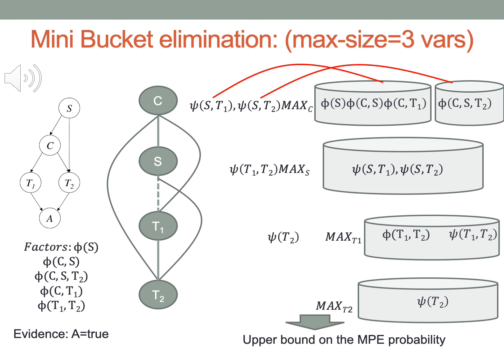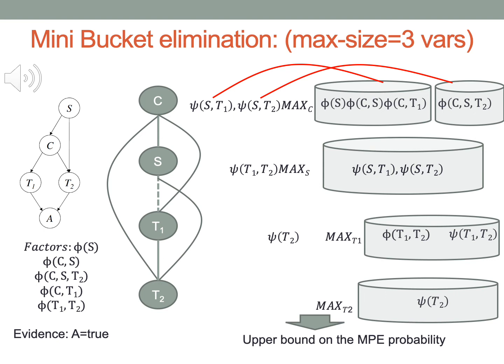Although remember that the functions that are sitting in the buckets that are below C are no longer so-called optimal functions, right? So it will still be an approximation in the sense that we won't get the optimal assignment to S, T1 and T2 if we use those functions.